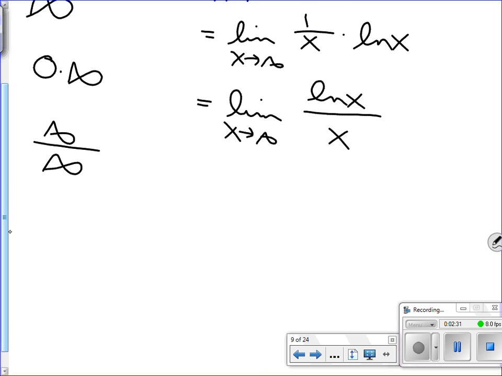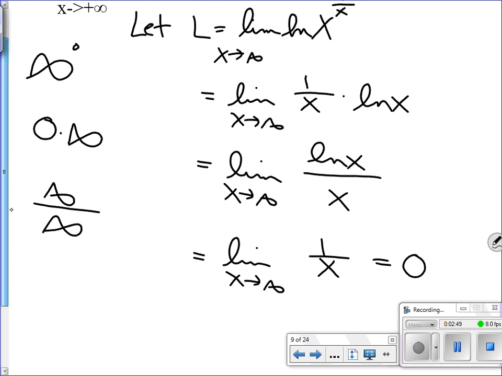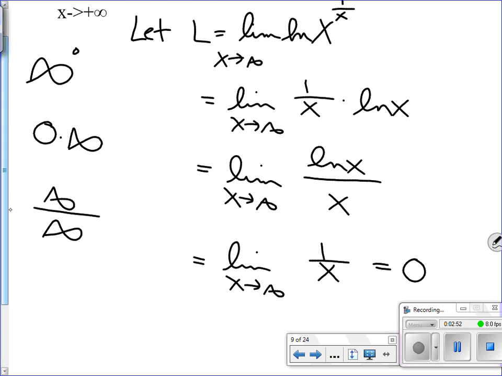So now this limit is equal to the limit as x approaches infinity of 1 over x over 1, which is 0. Now, am I done? Do I just move on? I write that and circle it? No. Well, guys, remember, this is not what we were asked for.